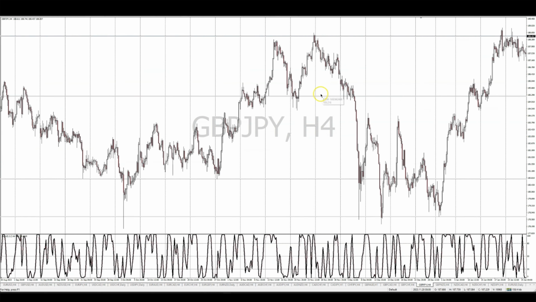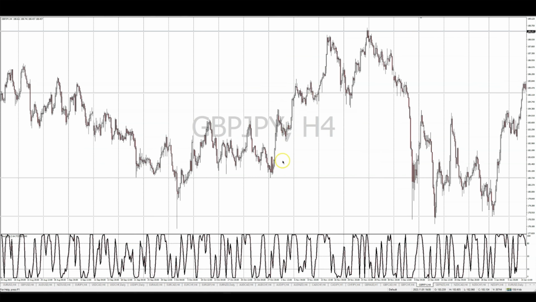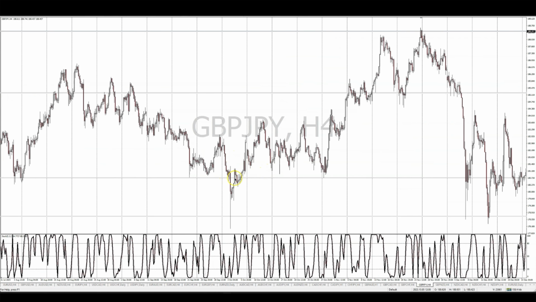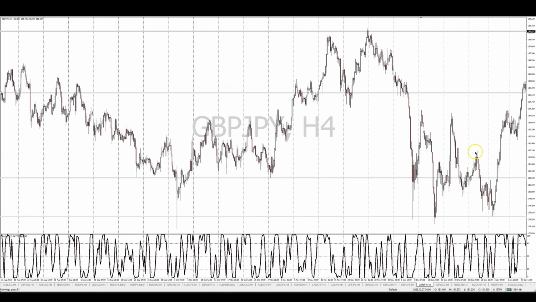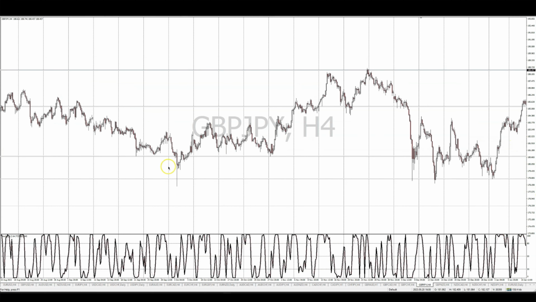So let's say, for instance, I want to find a pair that may get challenged. So let's go in here. Let's look for a buy in this section right here. We're looking in this section here because we have a lot of wicks down here that could have potentially stopped us out.